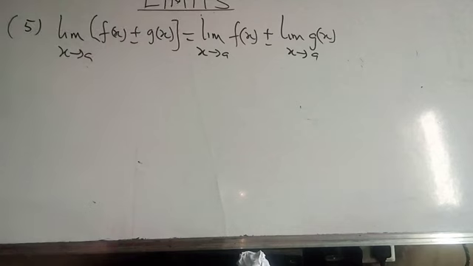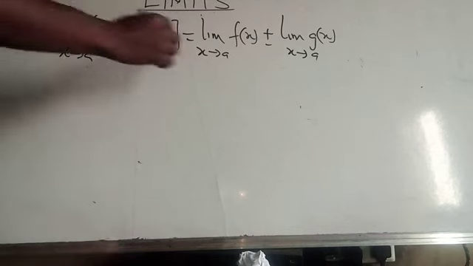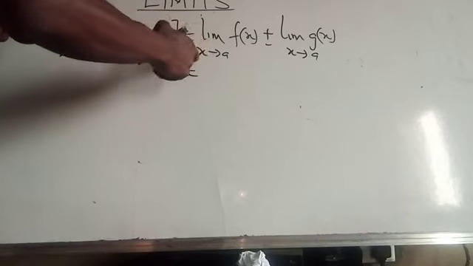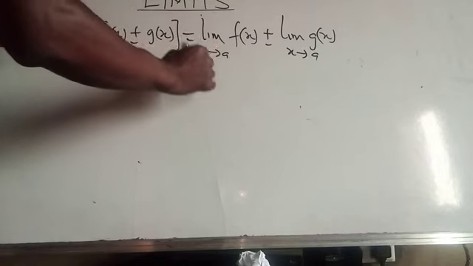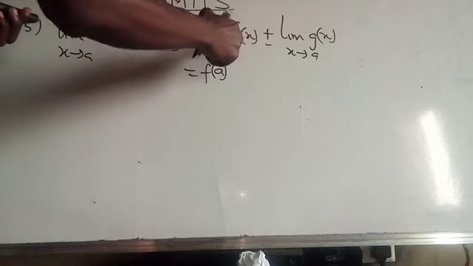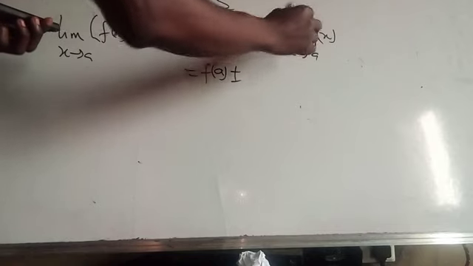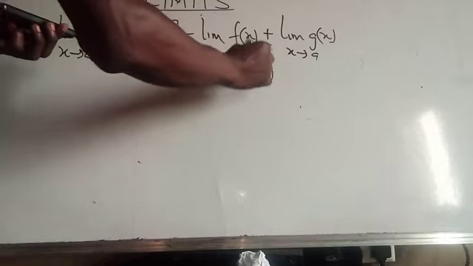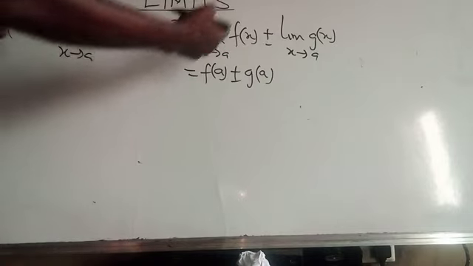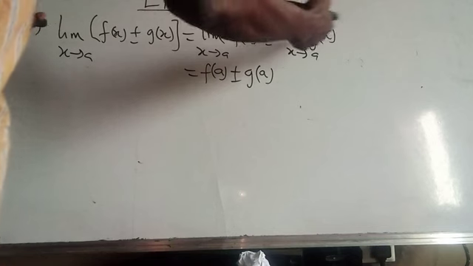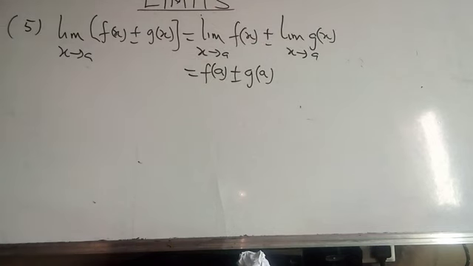Because limit is a linear map, you can split it. So this becomes f of a plus or minus g of a. The plus or minus here means it can have a plus sign or a negative sign.